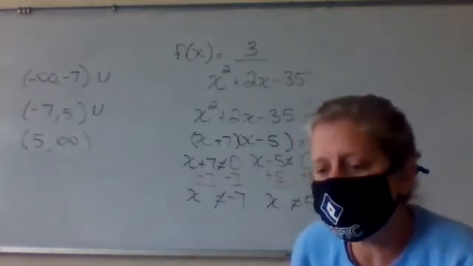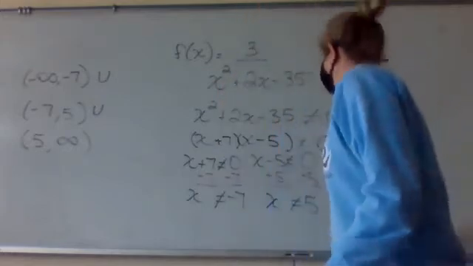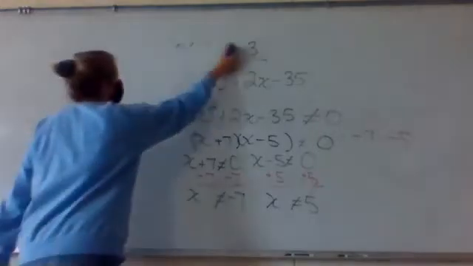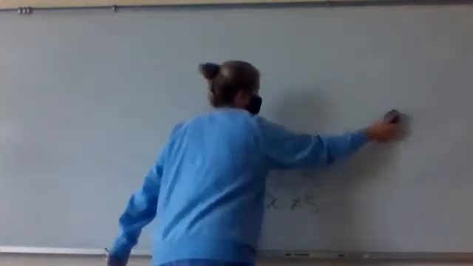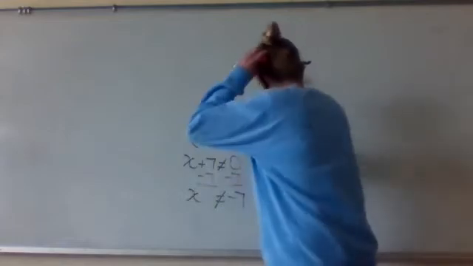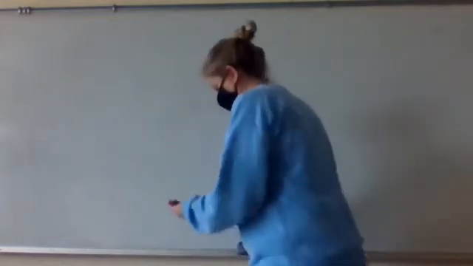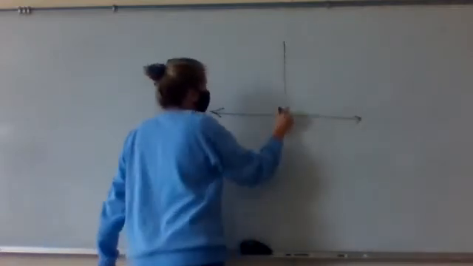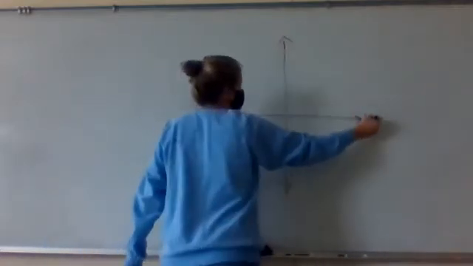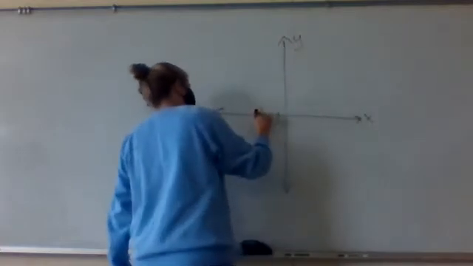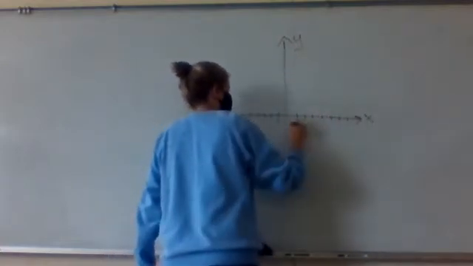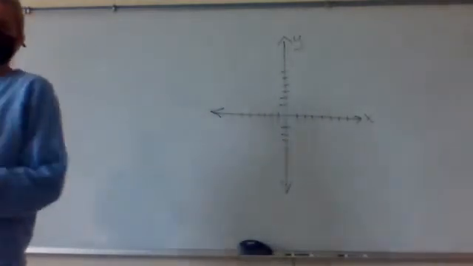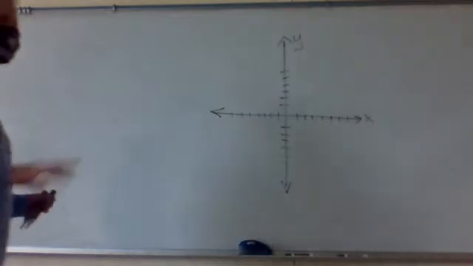Now, starting with number 5, let's talk about what a vertical asymptote is. Okay, these rational functions do weird things on the graph.